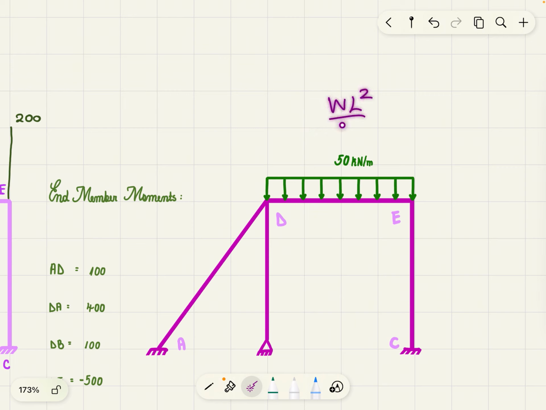WL squared over 8 is going to be 500 times the length, let's say this length is 1, squared over 8, so 500 divided by 8 is 62.5. So the maximum value of moment at midspan is 62.5. Let me write this here.